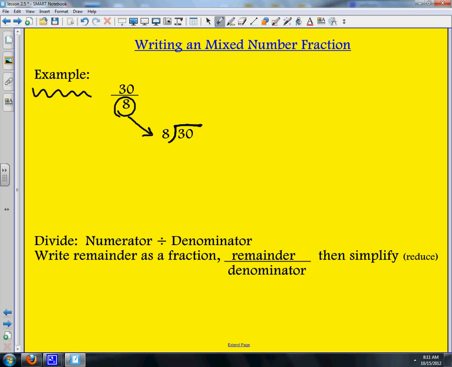8 goes into 30 3 times. 8 times 3 is 24. And then I subtract and I get 6. I bring my 0 down. Now, since I added a 0, I have to add my decimal point, because that number 30 was just plain old 30.